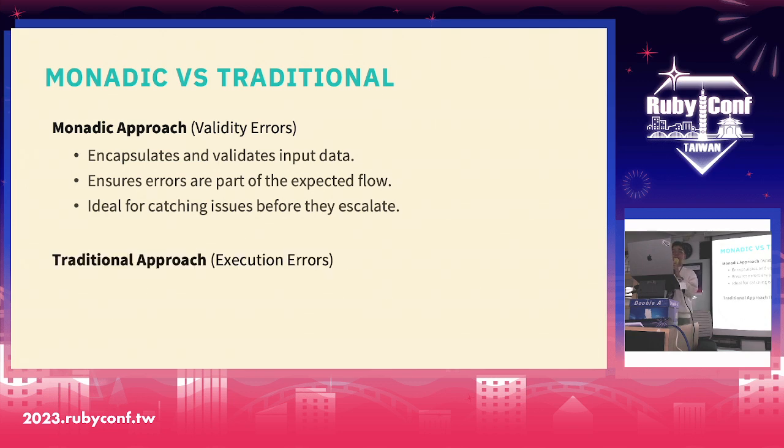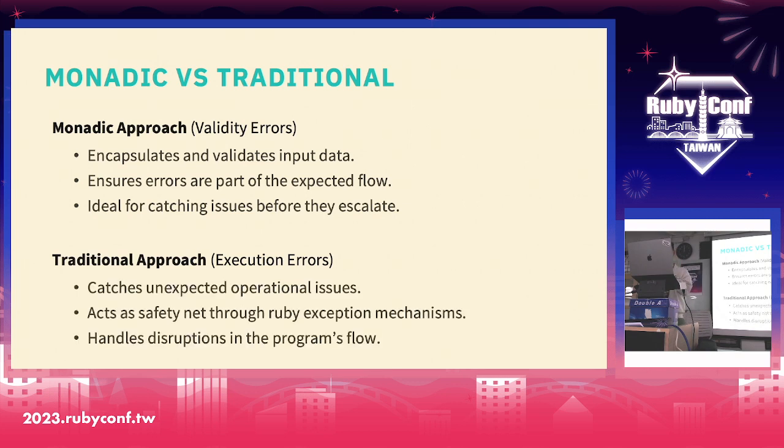On the other hand, the traditional approach reflects execution errors. It focuses more on unexpected issues during the operation phase, using mechanisms like raising exceptions, which we normally use in Ruby.